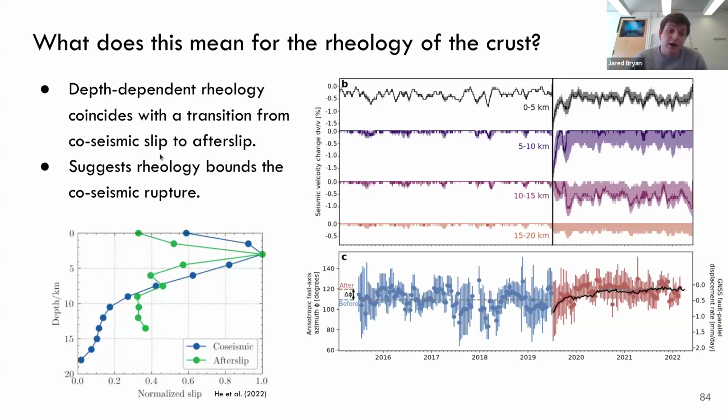That contrast in the time evolution of these velocity changes seems to correspond with a compilation of where coseismic slip is dominant in the shallow crust versus afterslip, which starts to become the dominant form of deformation as you move deeper. That also takes place at around 10 kilometers. And so it suggests that maybe the rheology of this fault zone material plays some role in bounding the coseismic rupture, at least in depth.